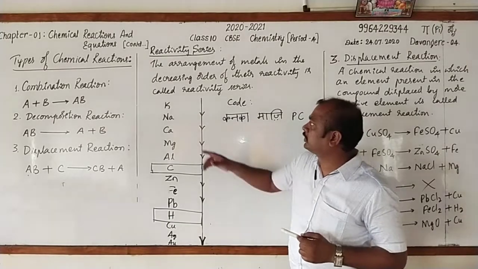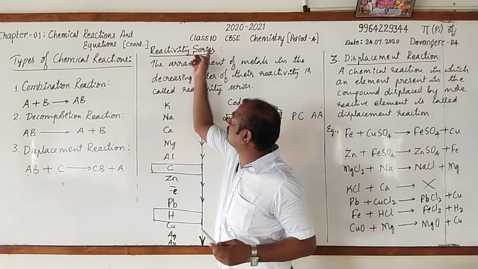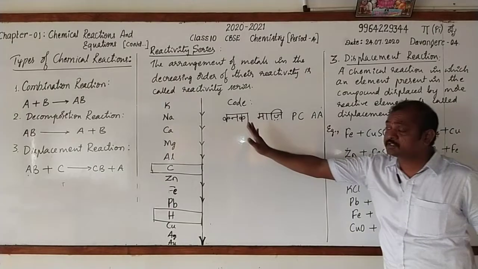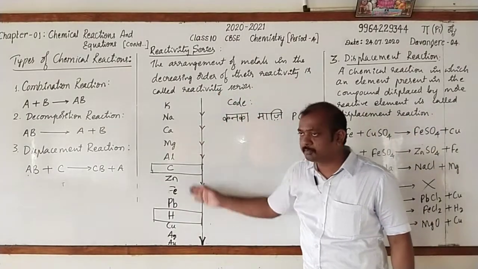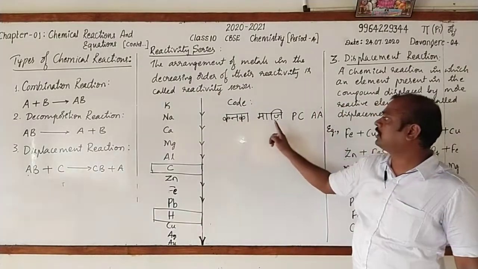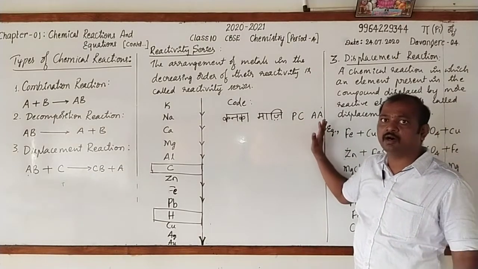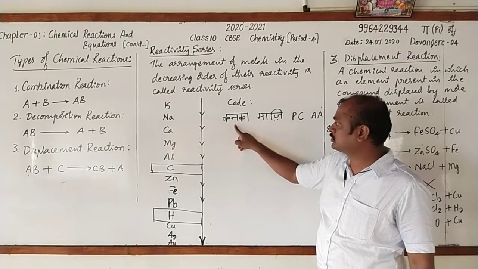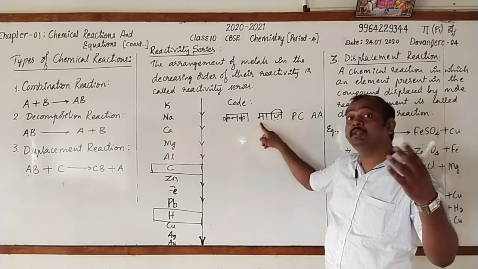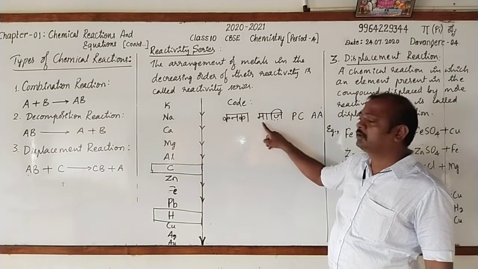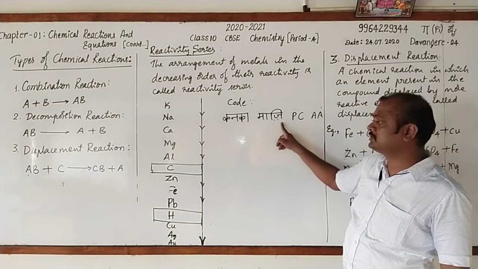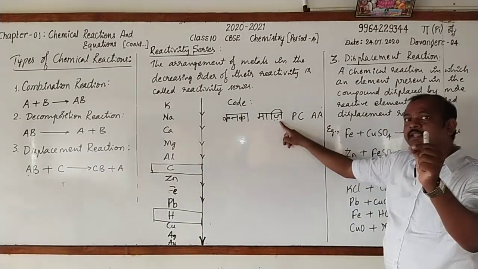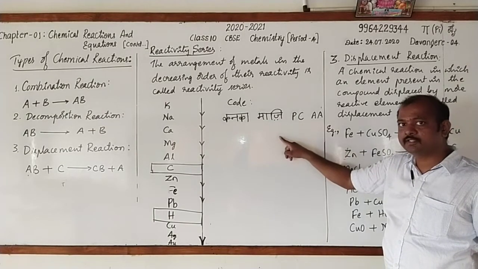Before going to the fourth one, you have to copy from here. See the reactivity series right up to here, then the third one up to here. This information is a must for you. You must remember this order. Kanaka, Masi, PC, R. These are potassium, sodium, calcium, then Mg, magnesium, Al, aluminium, Z is zinc, I is iron.